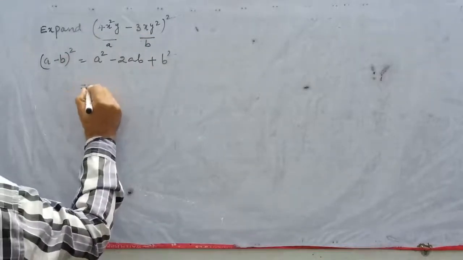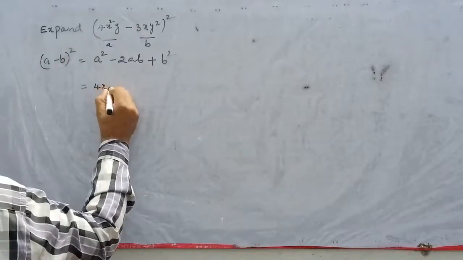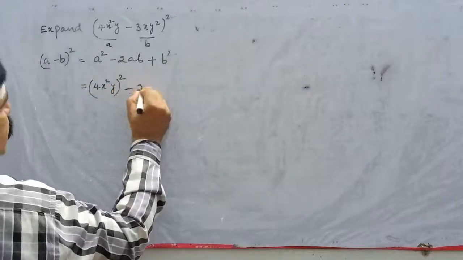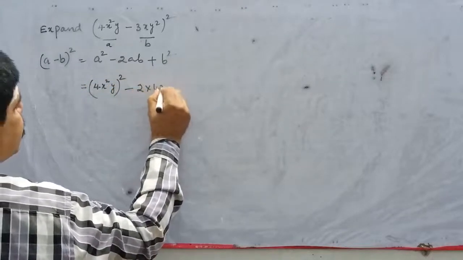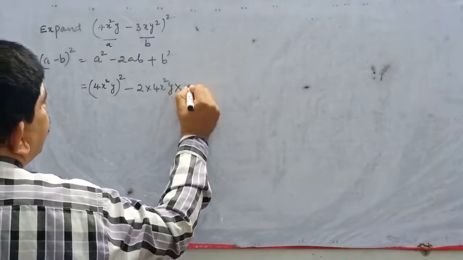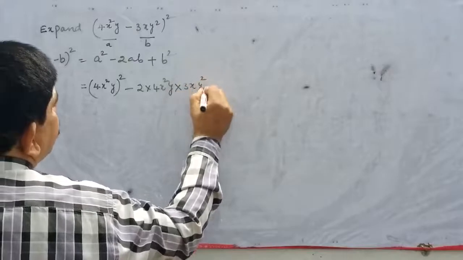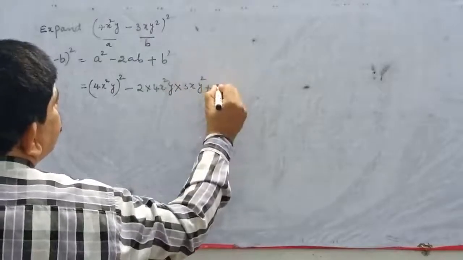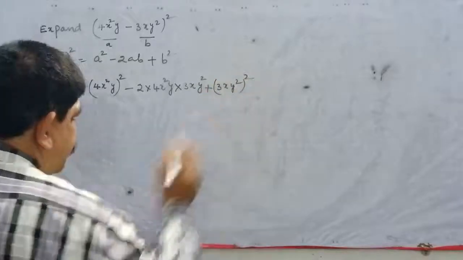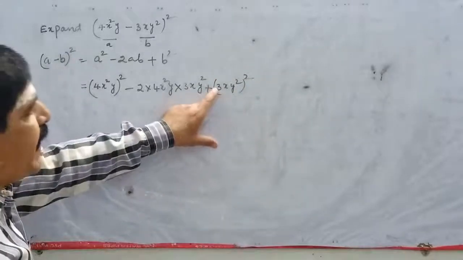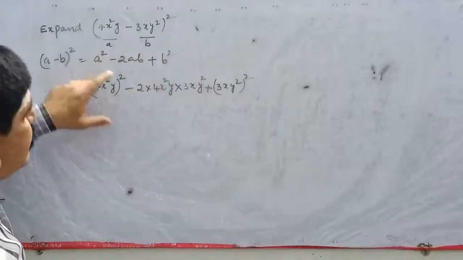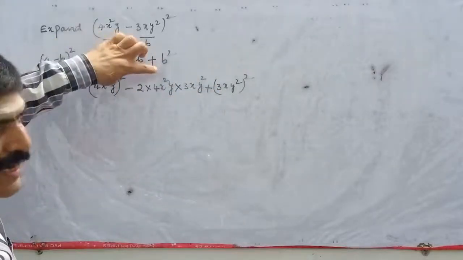Substitute here: (4x square y) whole square minus 2 into 4x square y into b, 3xy square, plus b square, (3xy square) whole square. There is no need to write the minus symbol here, because we are substituting the values of a and b directly.